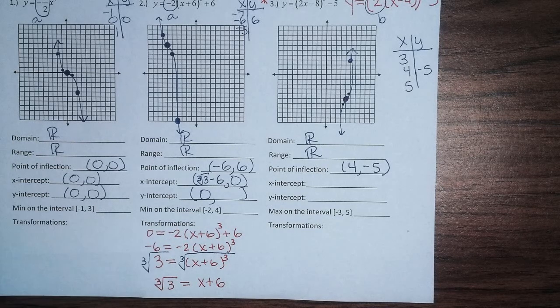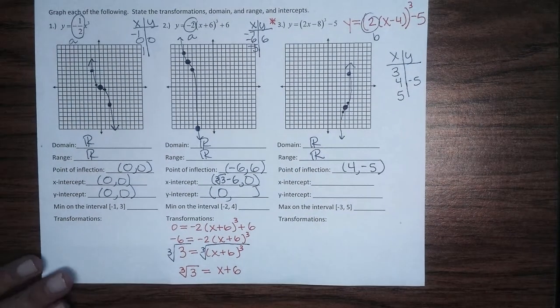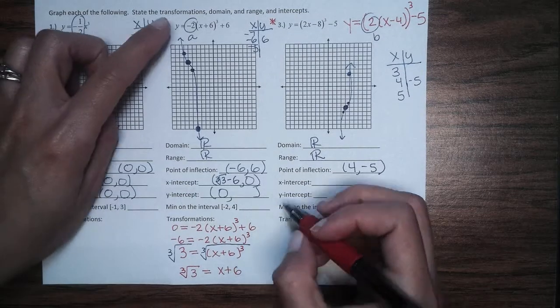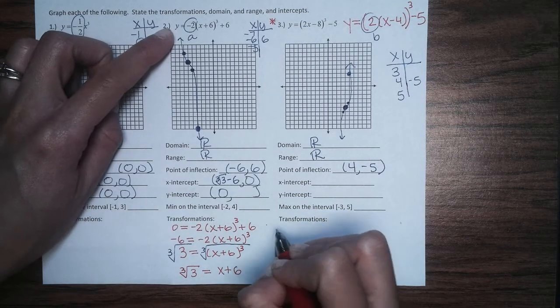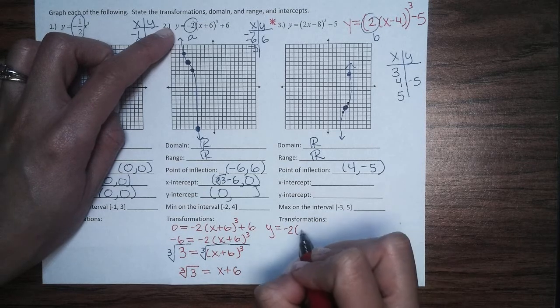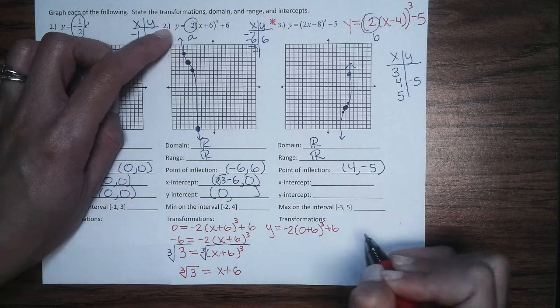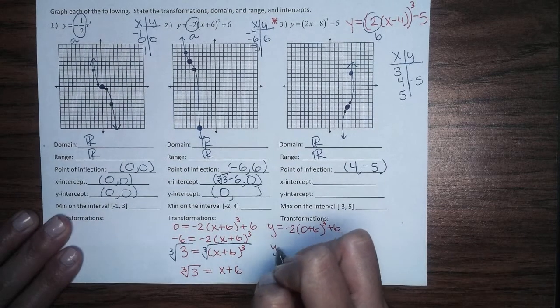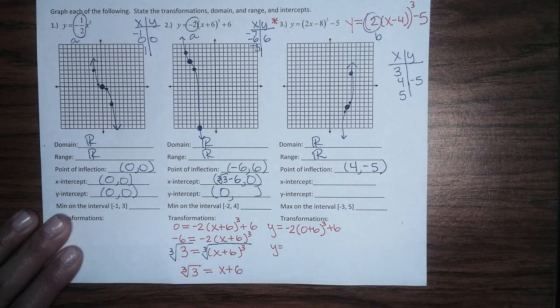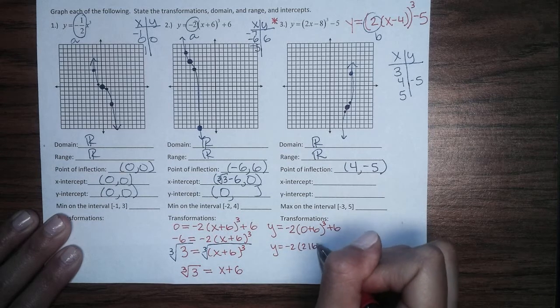So now let's do a y-intercept. To find your y-intercept, plug in 0 for x. That one's going to go a little easier, I think. So I'm going to do y equals negative 2 times 0 plus 6 cubed plus 6. And then you just do some math here. Negative 2 times 216.